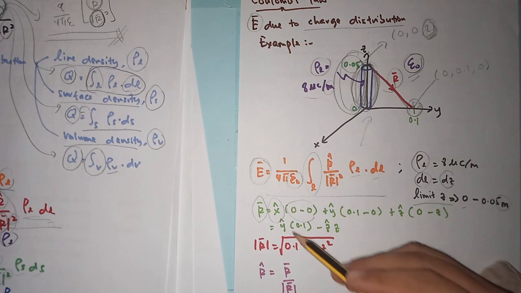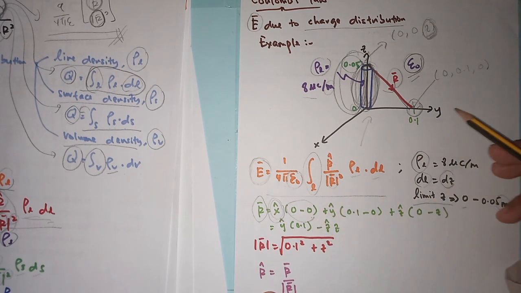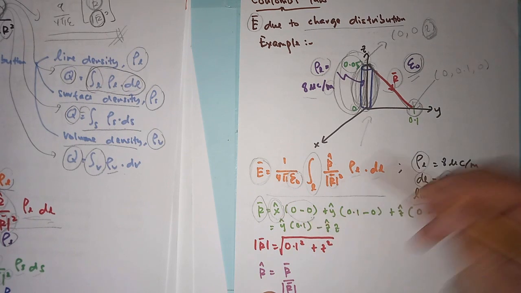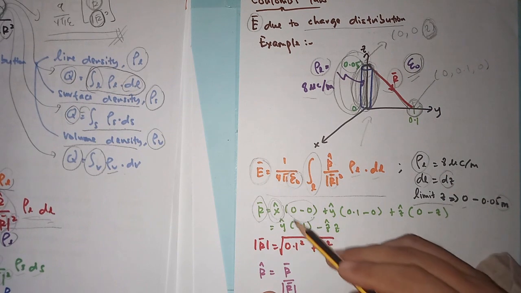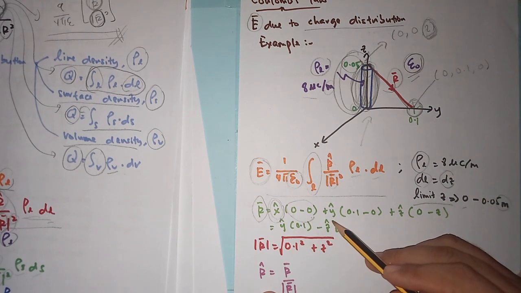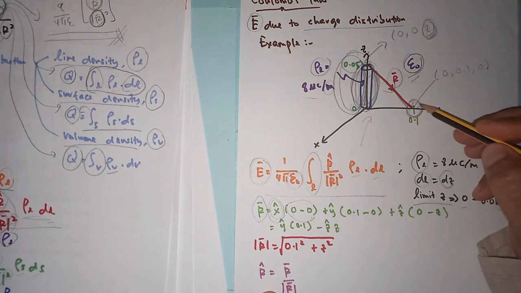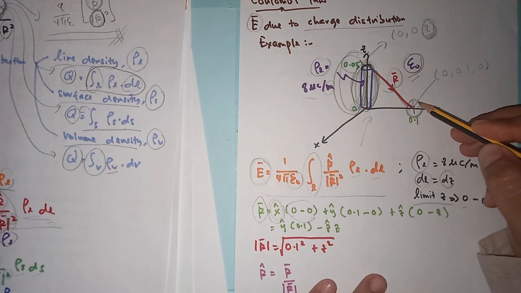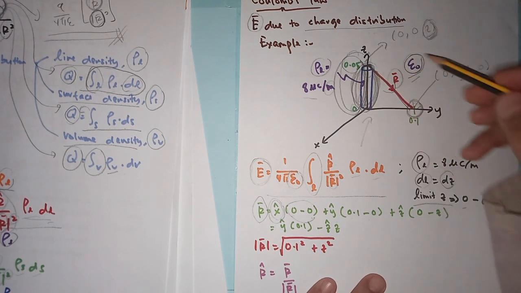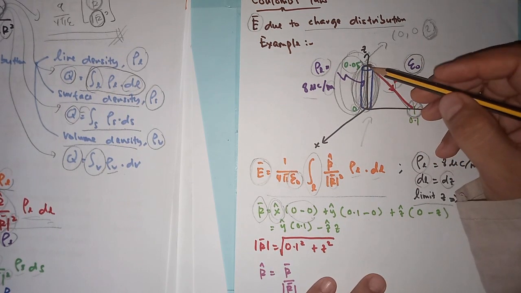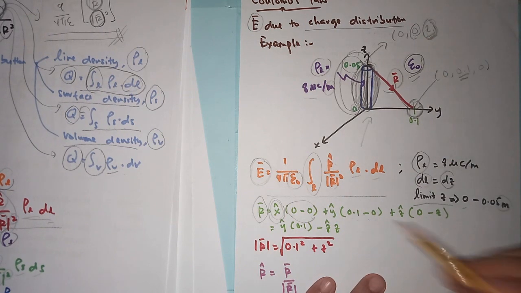First, the component for x cap is 0 for both the test point and our line charge density, so 0 minus 0. Plus y cap 0.1 minus 0, because on our test point the y coordinate is 0.1, and for our line charge the y value is 0.